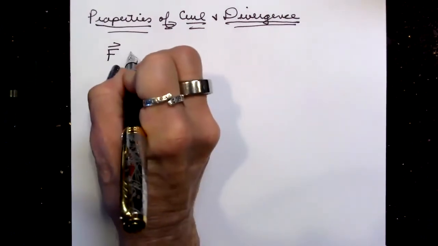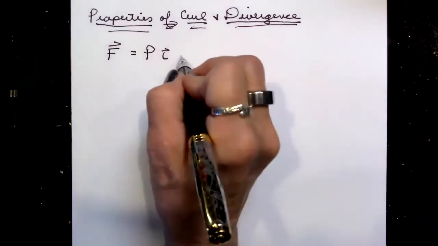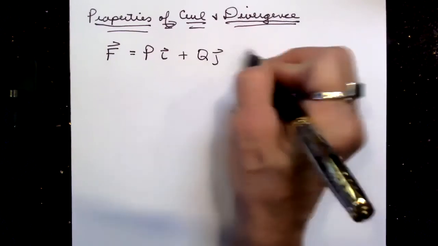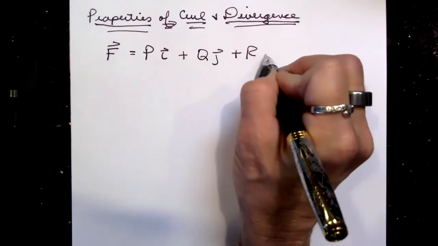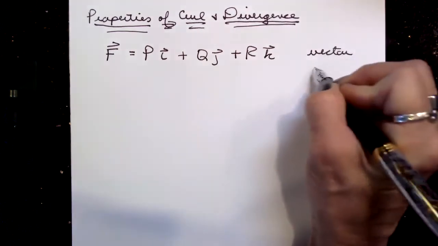So I'm going to think of a vector field F with component functions P in the first component, Q in the second component, and R in the third component. So this is our vector field on R3.